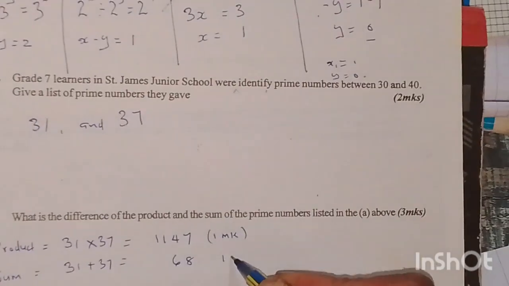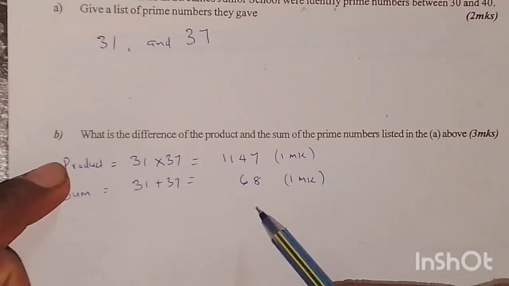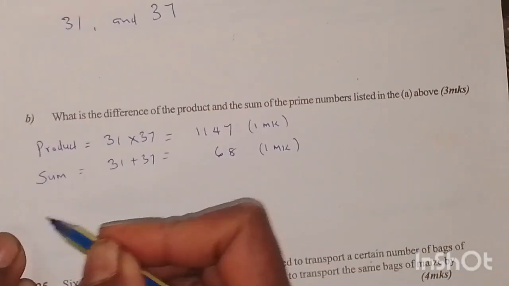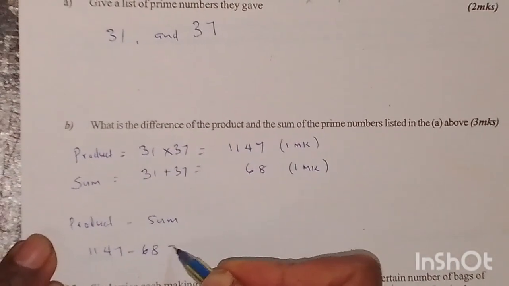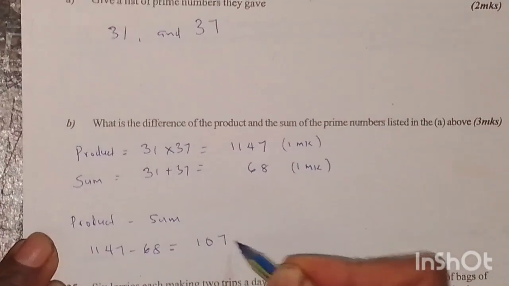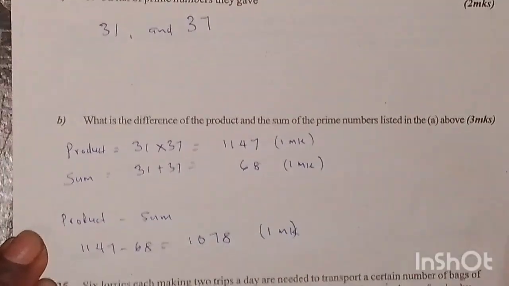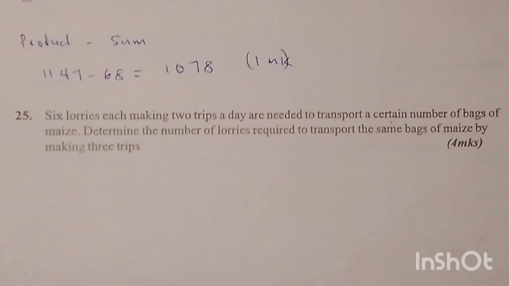That becomes 1 mark. The difference: product minus sum, which is 1147 minus 68, and the answer is 1079, and that is 1 mark. So the answer demands 3 marks. We get all those answers.